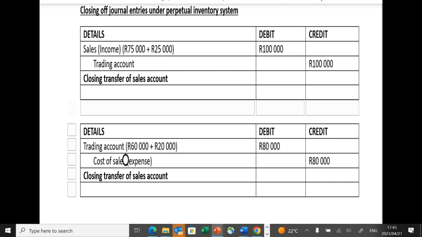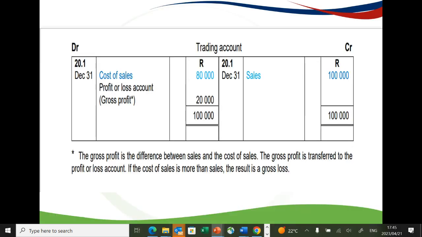In simple terms, you can see here that our sales income was 100, our cost of sales was 80. So which means we've made a gross profit in these transactions of how much? Of 20,000. So how did we determine that gross profit? We determine it in the trading account. So we need to close off that trading account.